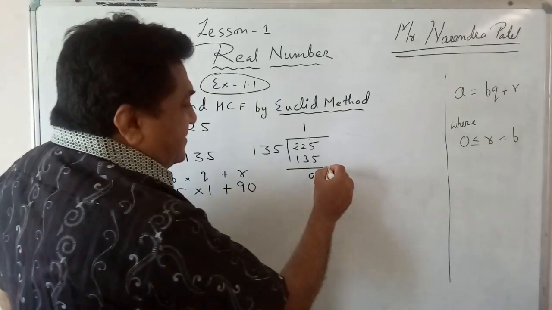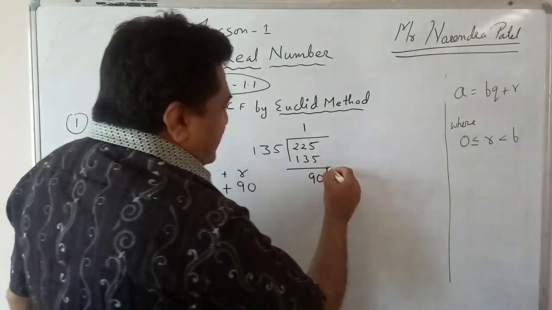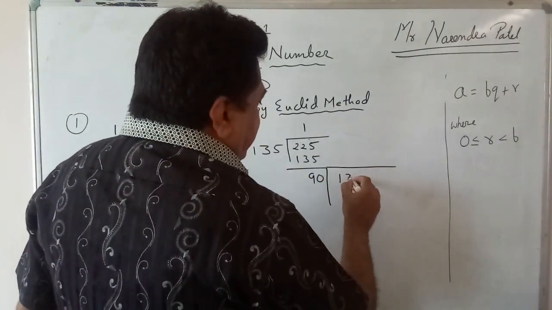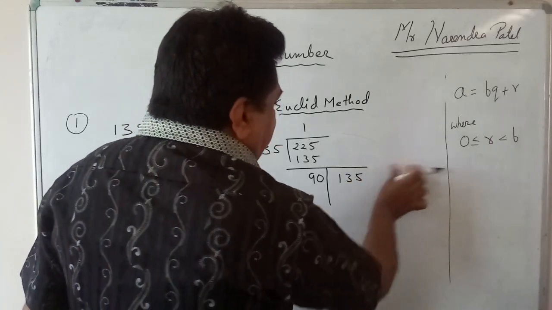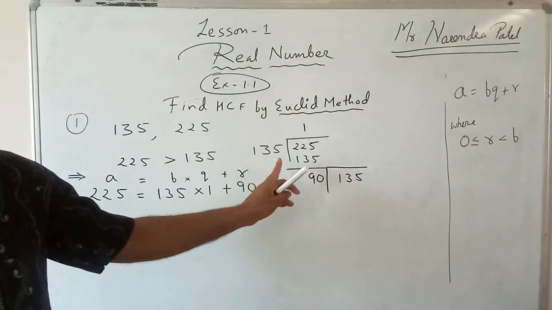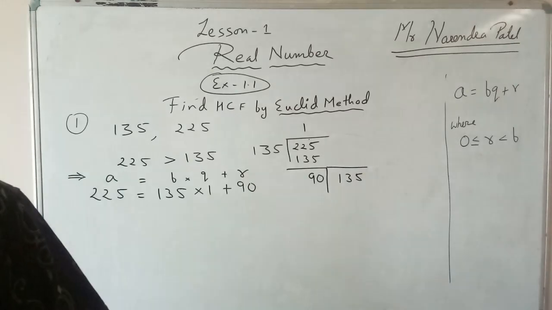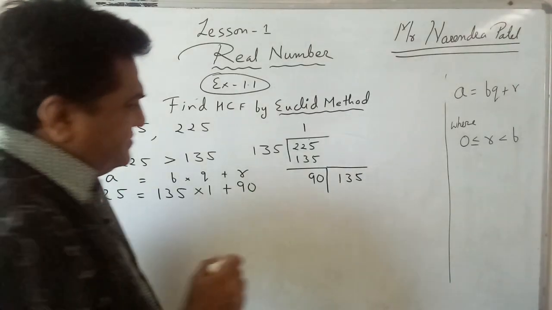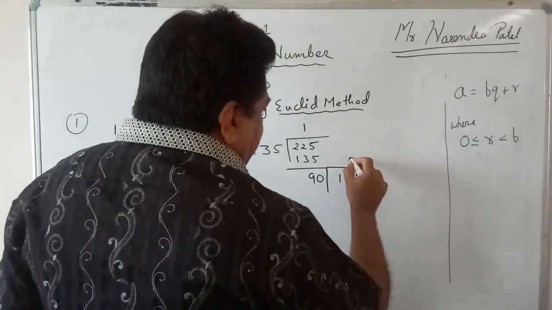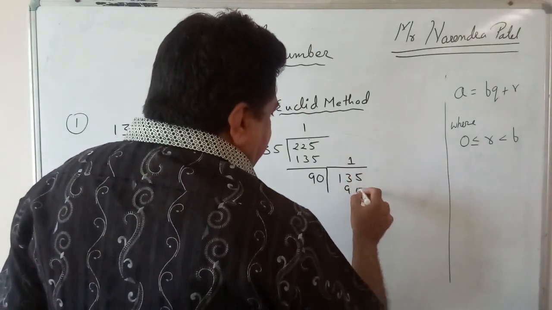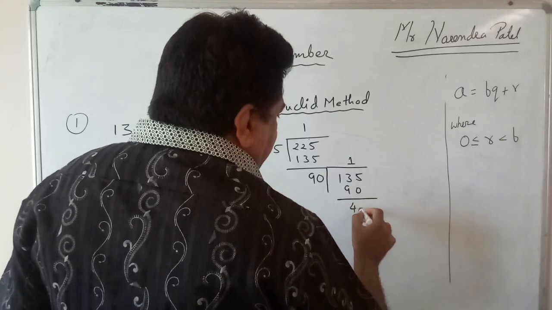Now continue the division. Take 135 here and continue the division. I have taken 135 downward. 90 ones are 90, and I will get 45.